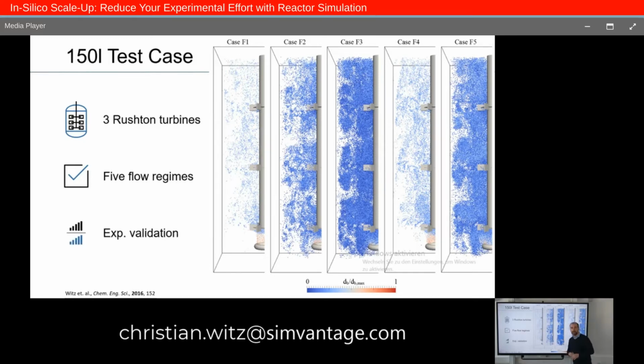And this is also experimental validation, which is shown in our paper from Chemical Engineering Science, where you can read that we have a good agreement between the experimental values and the simulated ones.